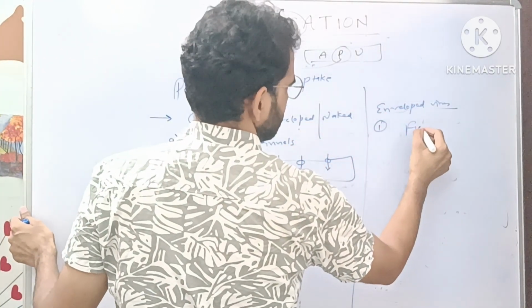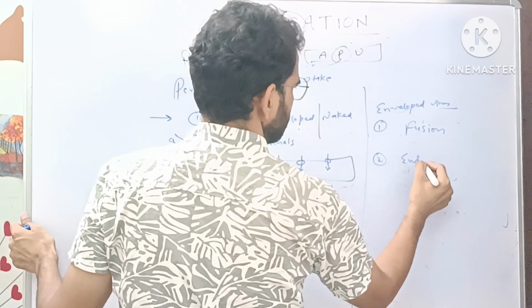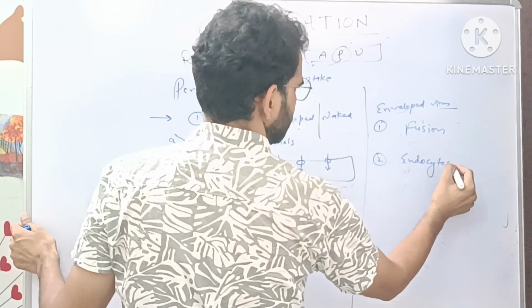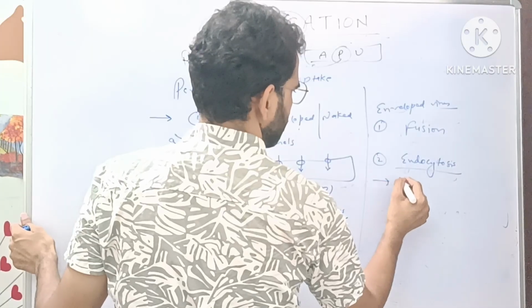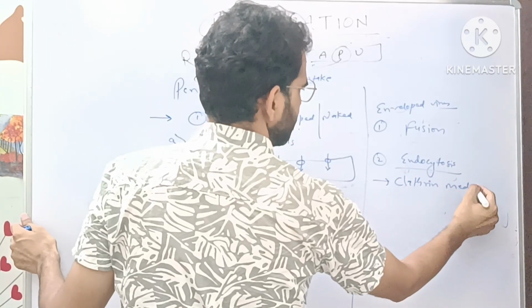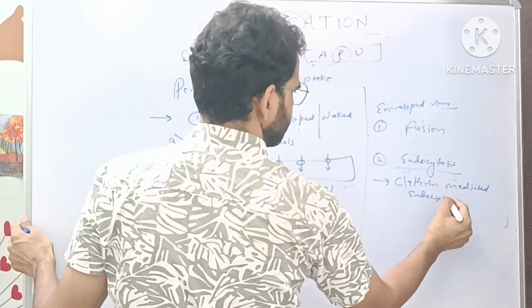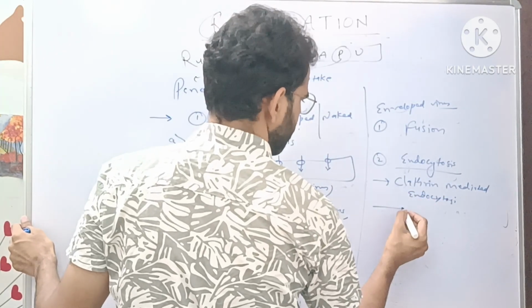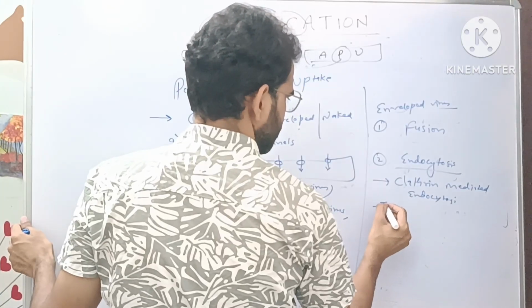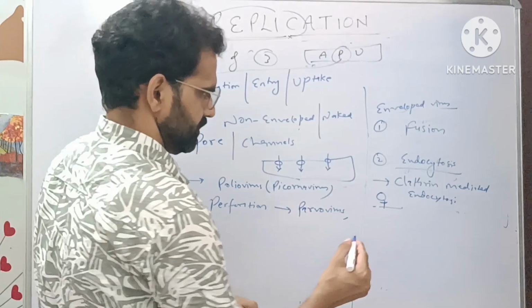Number one, fusion. Number two, endocytosis. This endocytosis is mostly clathrin mediated endocytosis. This is the membrane where receptor and virus attachment is there.